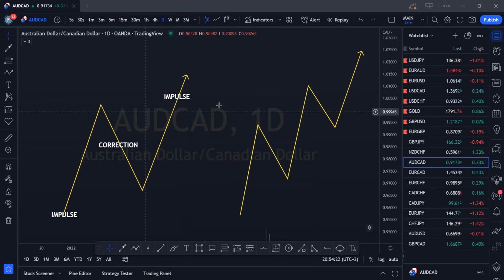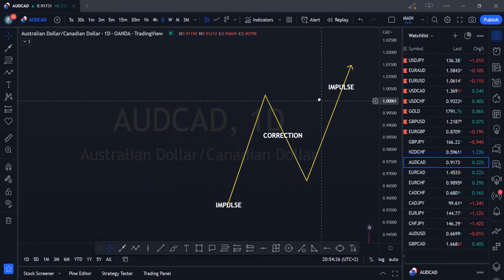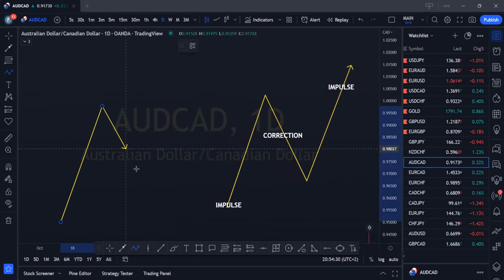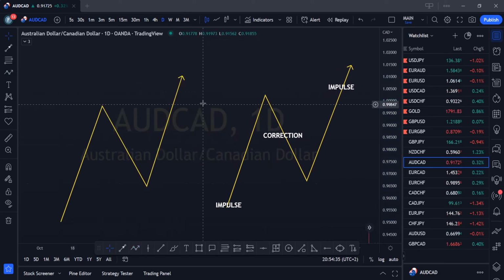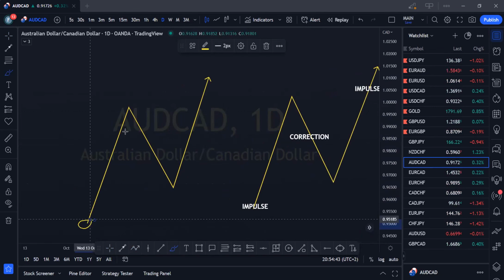Good. Now let's go a bit deeper. So let's mark it out again like so. In going deeper and looking at the anatomy, we can label each of these starting points and end points.